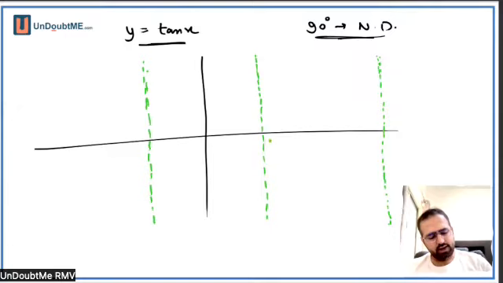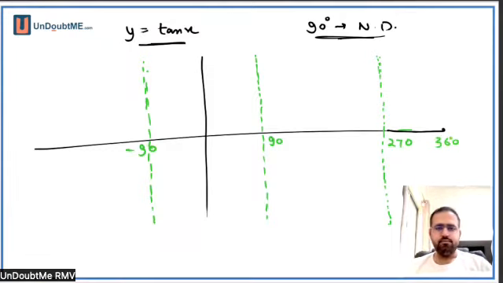This is 90, this is 270, this is minus 90, and after that, somewhere over here, we will get 360. We are going to analyze the graph from 0 to 360 only, but you have to understand it in general like this. Between two green bars, the same pattern repeats all the time.